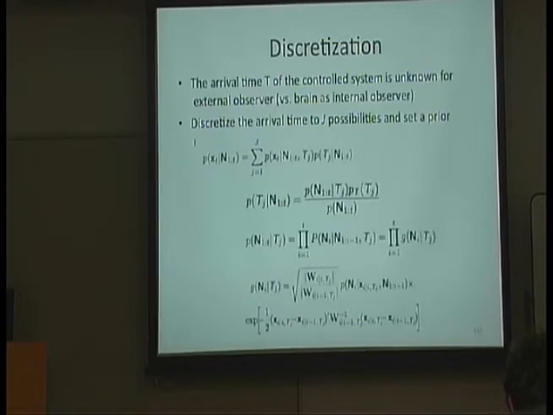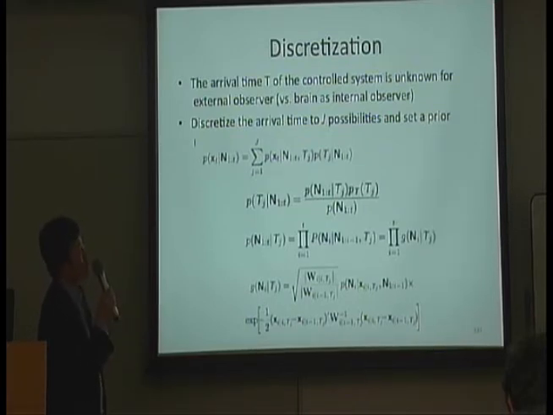Another contribution of the work is that the arrival time T, from the control system point of view, from the external point of view, is unknown. This is compared to the brain. The brain has a certain design, and as an internal observer you know what the arrival time should be. But from the control perspective, the external observer doesn't have knowledge of T. So T is an unknown variable.